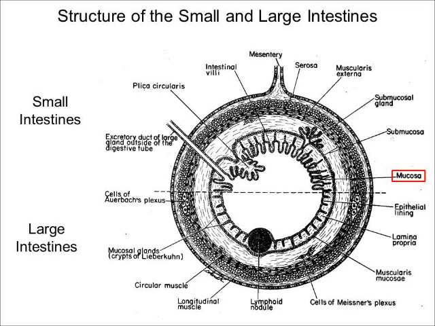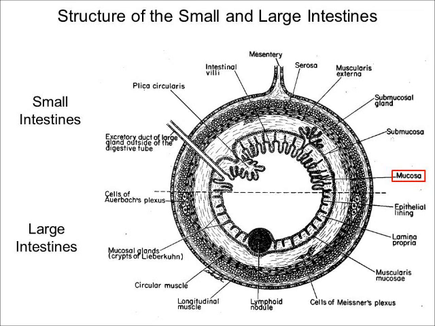Note that the mucosa of the small intestines has small finger-like projections called villi that increase the surface area to maximize the absorption of nutrients. In contrast, the surface of the colon is flat because all it does is absorb water and salts, which does not require a large surface area.